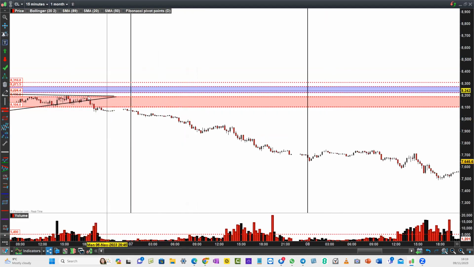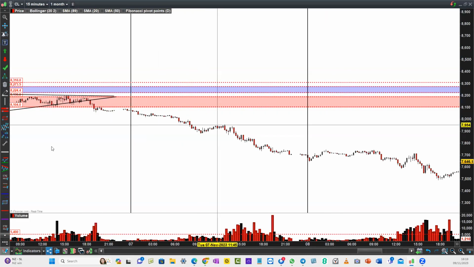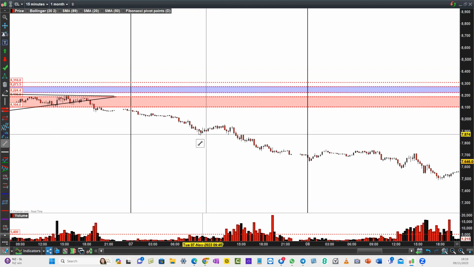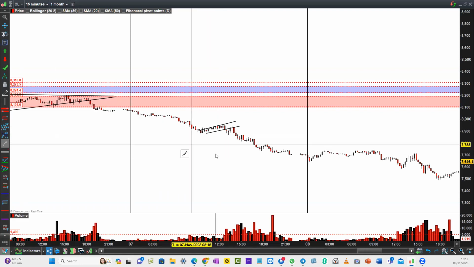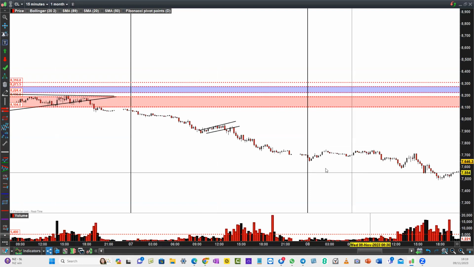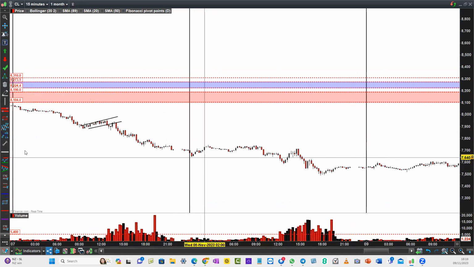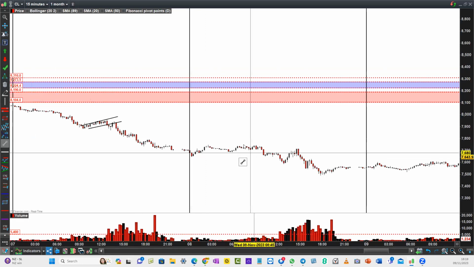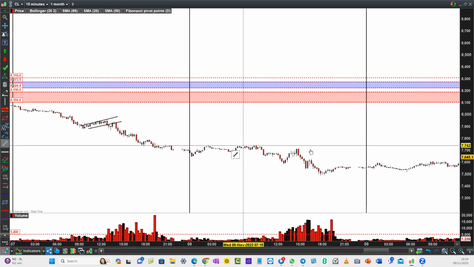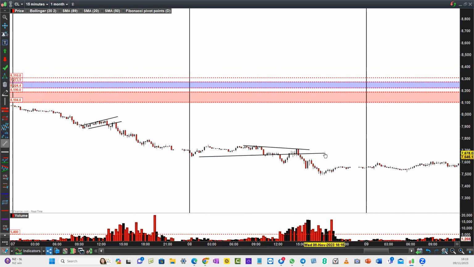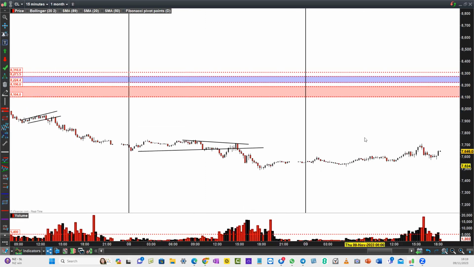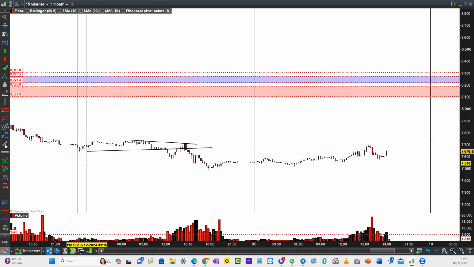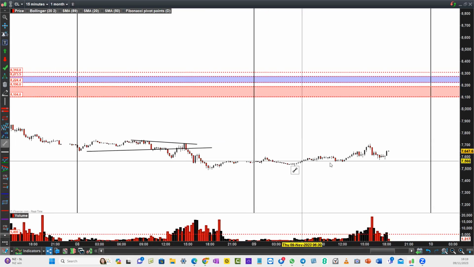And once we break down here, you get very, very shallow pullbacks before that breaks down. Okay, so this was yesterday, very shallow pullbacks. This sells into the New York Open, to the Dow Open, and we have a very, very feeble move to the upside here at the moment.